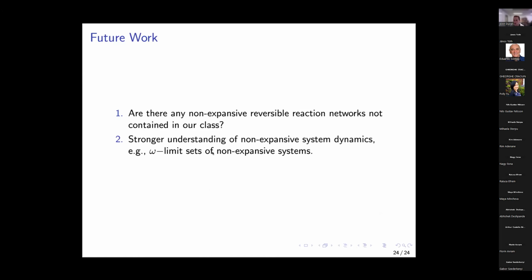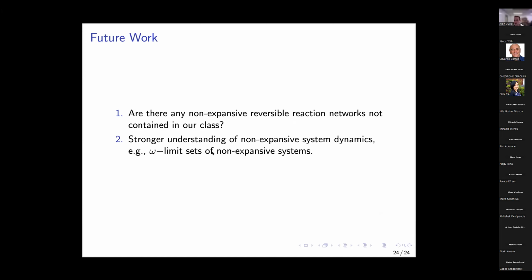And two questions. One thing I'm interested in: I don't know of any reversible networks under these general kinetics that are non-expansive that are not in the main theorem. And one other thing that would be interesting: it takes a bit more work to check strong monotonicity and weak contractivity.